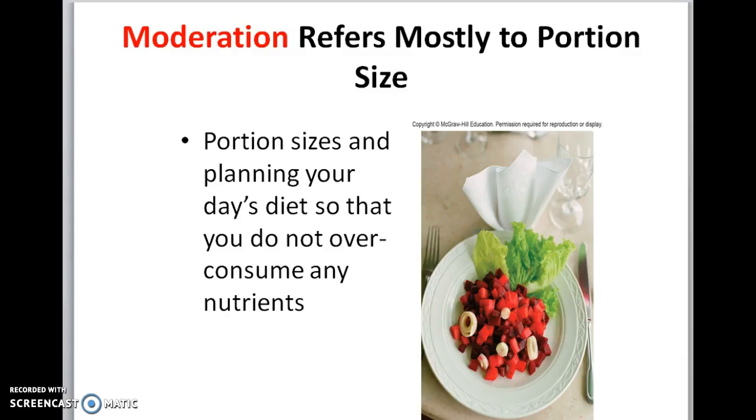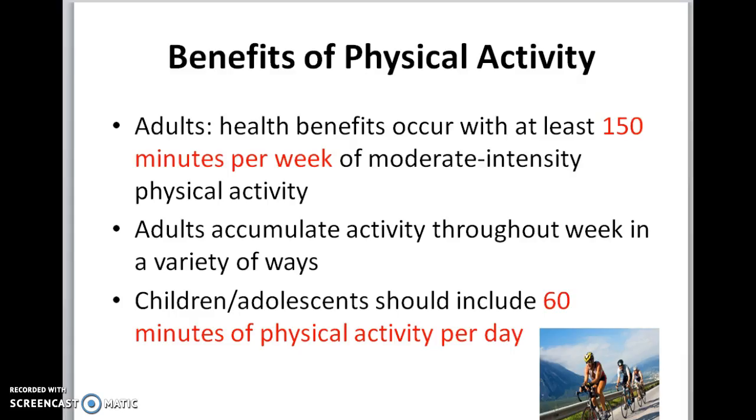Moderation is talking about portion size, and when you do your 3-day recall, that becomes important. And then physical activity is the other part of just being healthy. 150 minutes per week for adults, 60 per day for children is what's recommended.